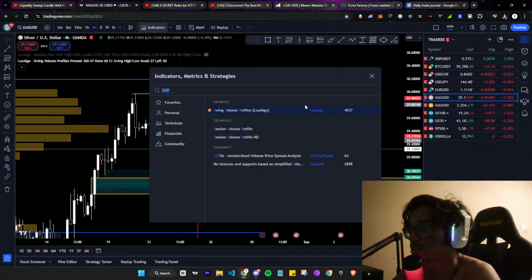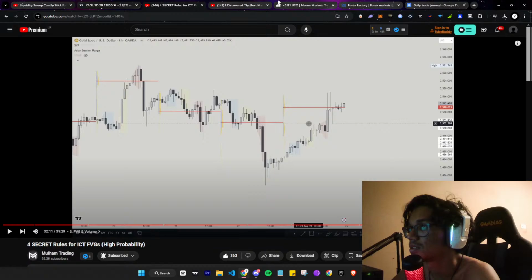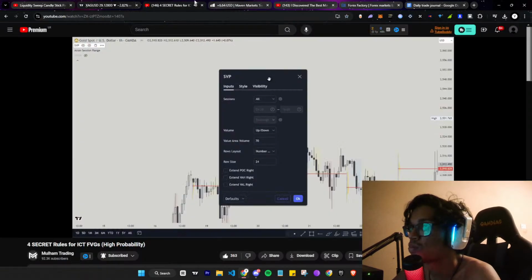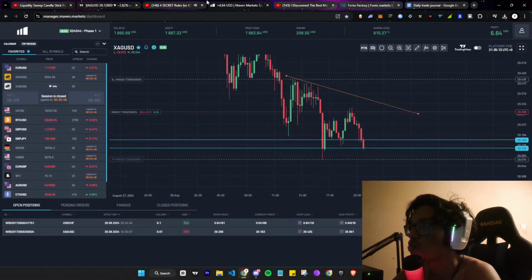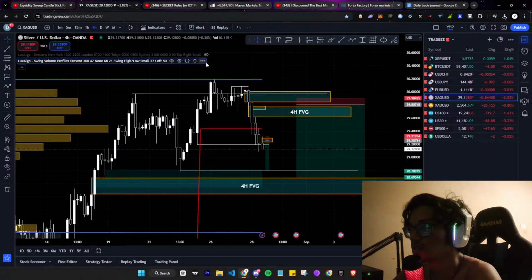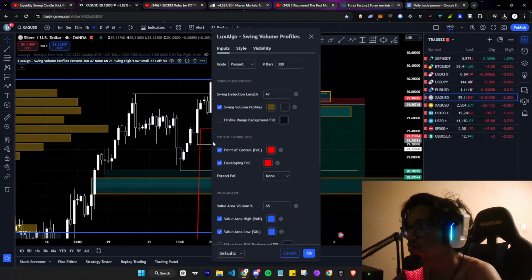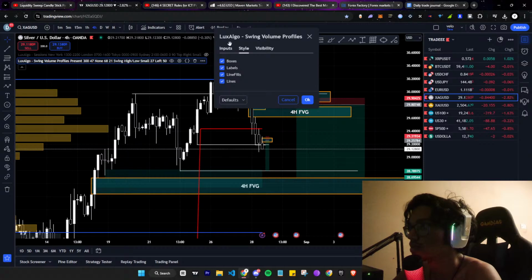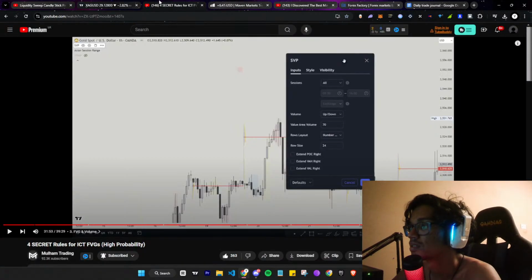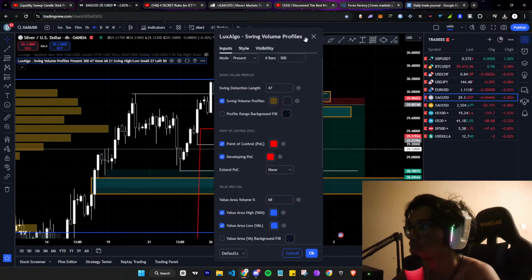No, not session, swing volume profiles. I need the one that he's using. It's not this. I don't think it's this. It has point of control, but still, see, this one has way less.